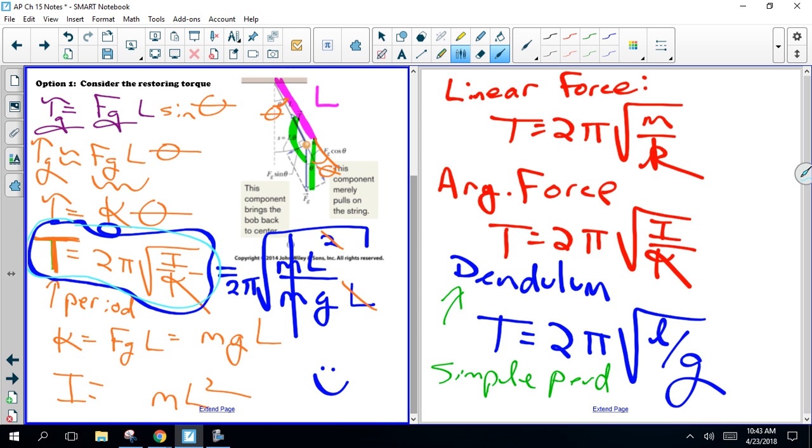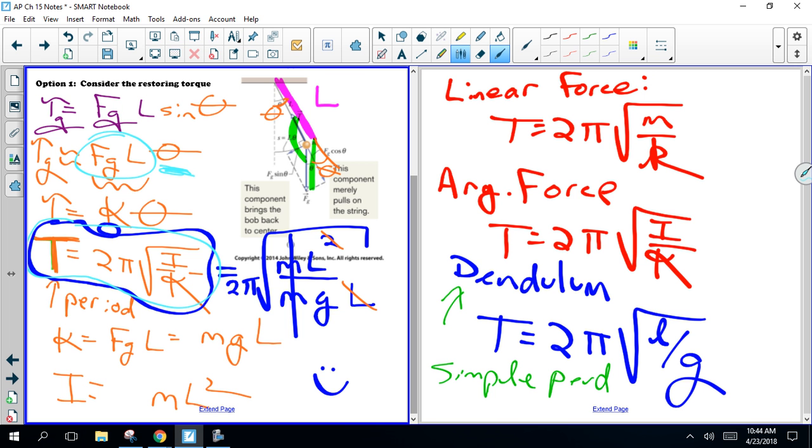How did we end up with that? From up here. Because our torque was proportional to the displacement, and so our constant was F_g L, and the L was a result of the length of the lever arm for your torque. Okay?